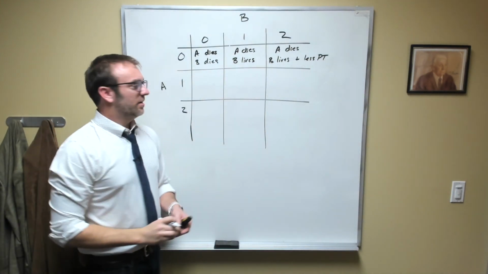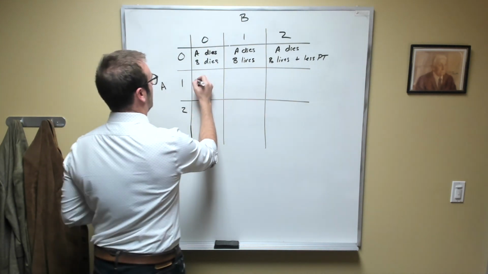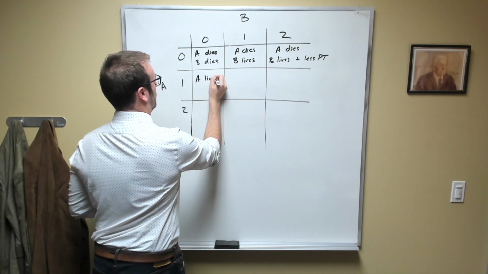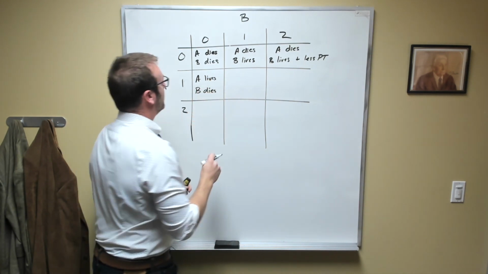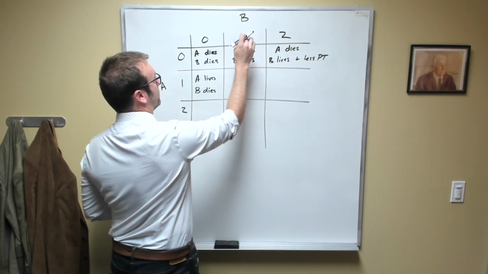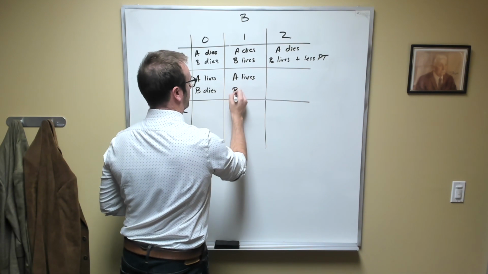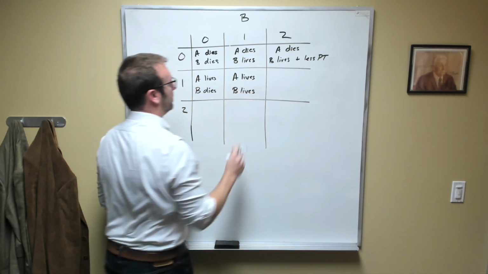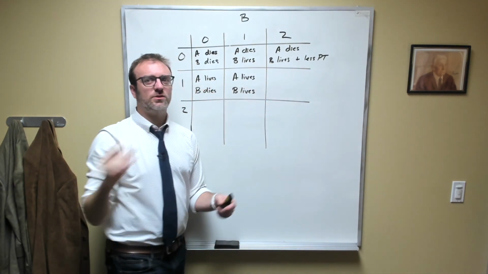Okay? If A gets 1 doctor and B gets 0, then A lives and B dies. If A and B both get 1, then A lives and B lives. And if A were to get 1, could B get 2?